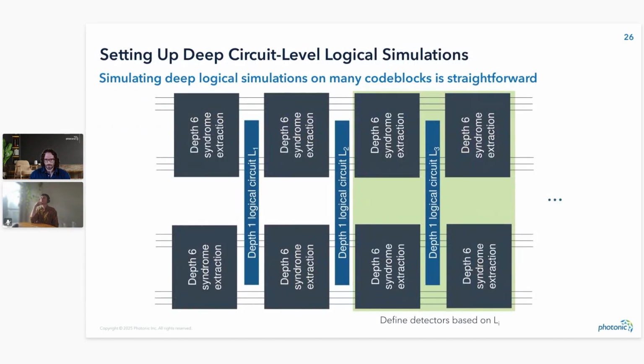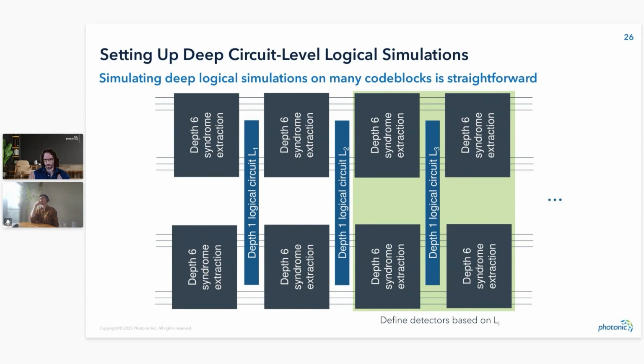Okay. So in order to set up a deep circuit level logical simulation, all you need to do is interleave rounds of syndrome extraction with one of these depth 1 logical circuits that Alex has described.